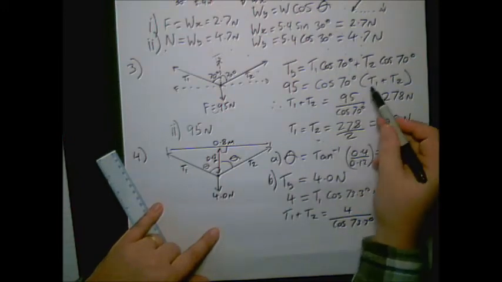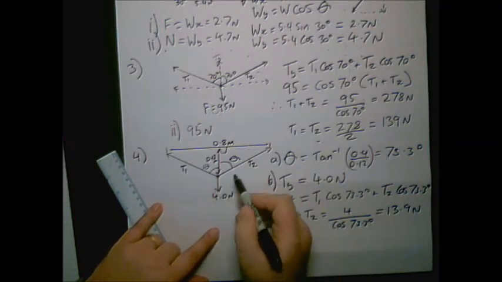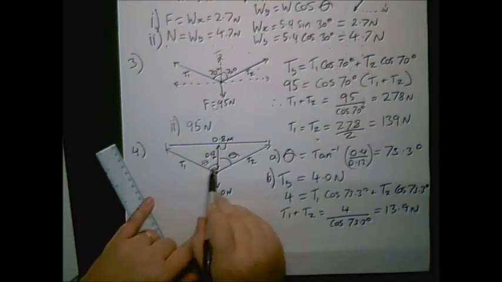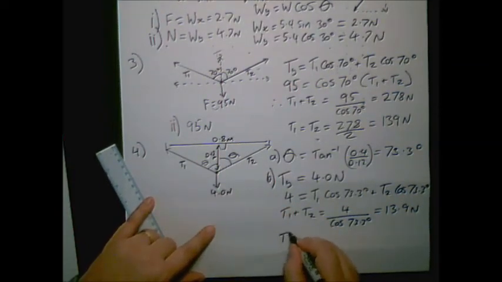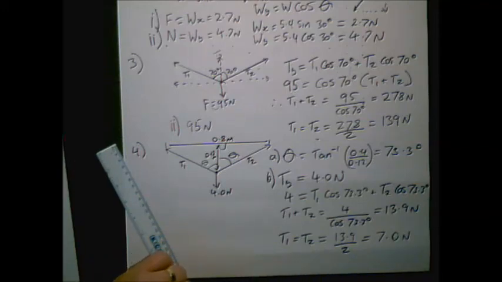All I've done is exactly the same as we've done up here, which works out to 13.9 newtons. And again, last jump we can make now is we know they're actually perfectly equal to each other, so we can say that T1 is equal to T2, which will be equal to this divided by 2, which the decimal places we've been given works out as 7.0 newtons rounded up. So that's the answer to question 4, and that's the end of that section.